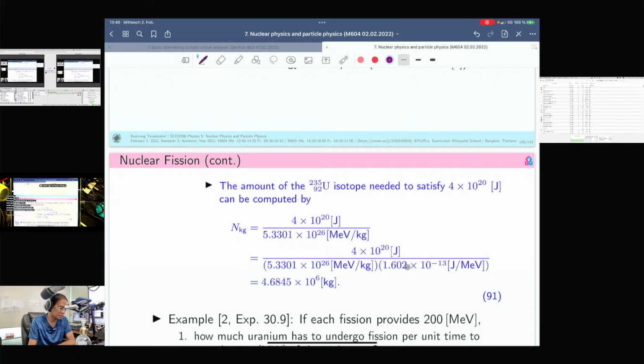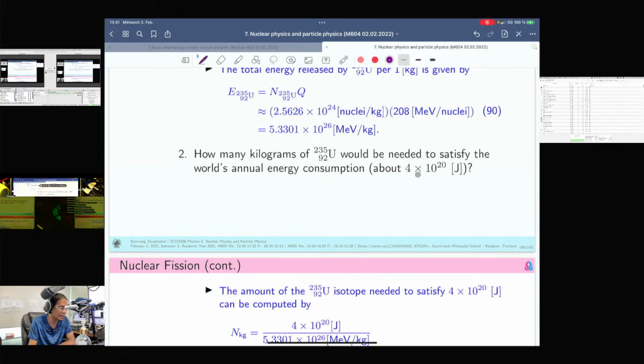Once you multiply this and divide the required energy, you will get the amount of kilograms, approximately 4,684.5 tons. Okay, that's the amount of energy per day, right?